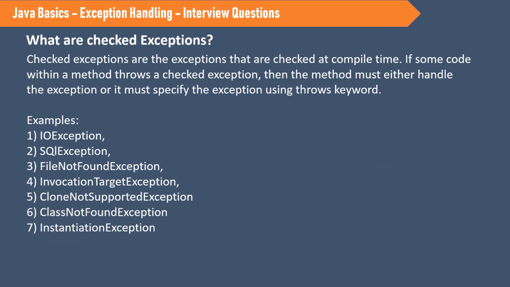The next question is, what are checked exceptions? We have seen in the earlier videos that there are two types of exceptions: unchecked exceptions and checked exceptions. Unchecked exceptions are checked at runtime. That means only at runtime will we know that there is exception-causing code.